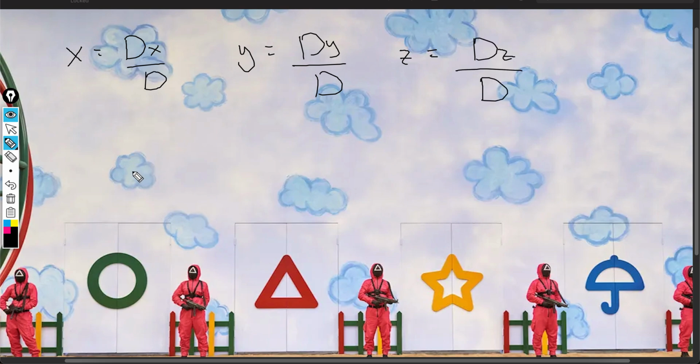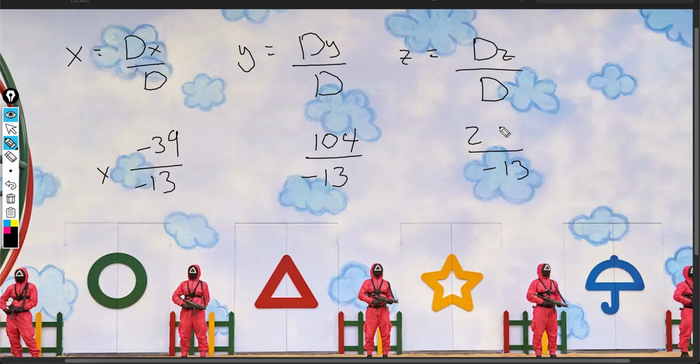Let me make the fractions down here below each one. We know that d equals negative 13, so all of these are going to be over negative 13. We said d sub x is negative 39, d sub y equals 104, and the last one we just solved for, d sub z equals 26.